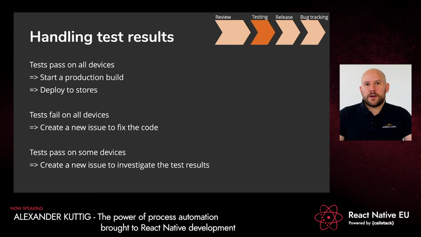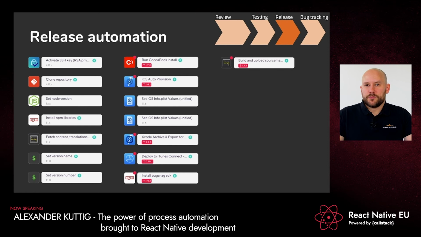So the next step after testing is making the release. I think I can keep this very short because it's just automating a list of steps you had to do manually. We clone the repository again, we set the node version, we install the libraries, we fetch our content, we set some version numbers, we install the native libraries, then we make the bundle, and we deploy it to iTunes Connect.